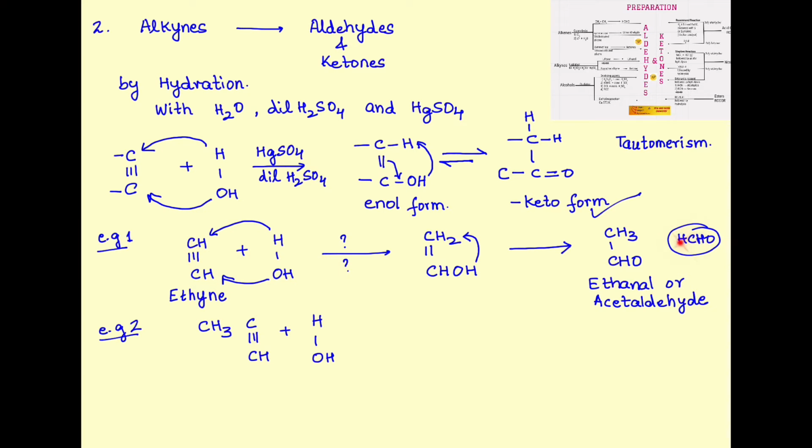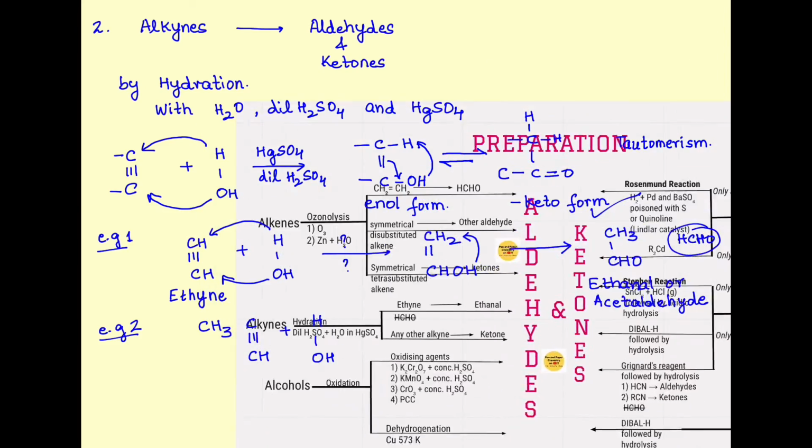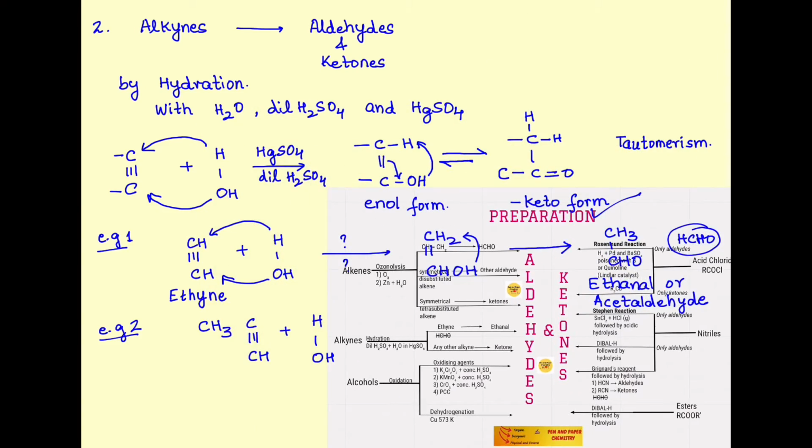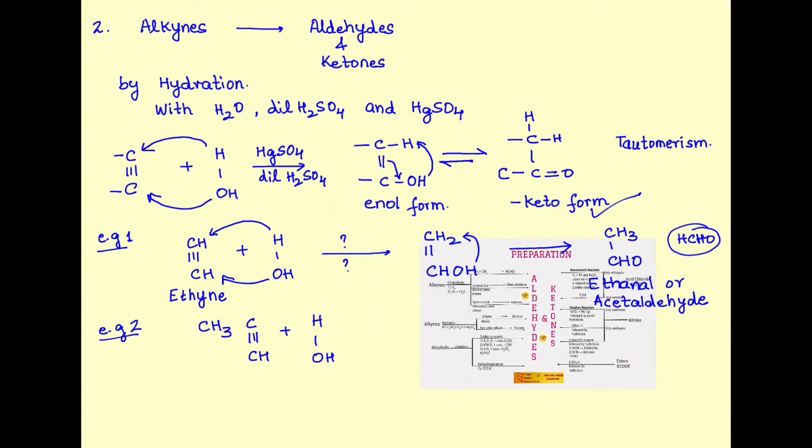Whereas when I talk about HCHO, it's a one carbon compound. That is why if you notice the flow chart that I have given you, here I have put a strike through over HCHO. This is a hint, meaning to say that by this method we cannot prepare HCHO, right?